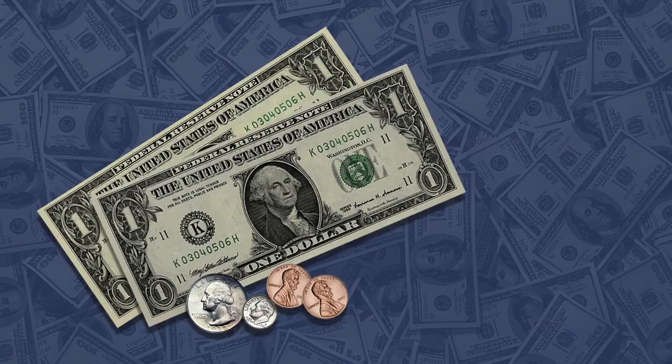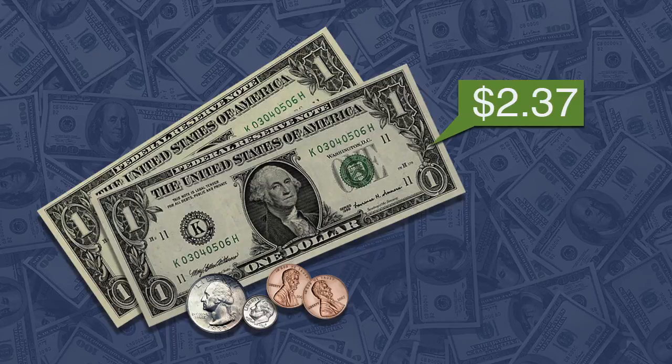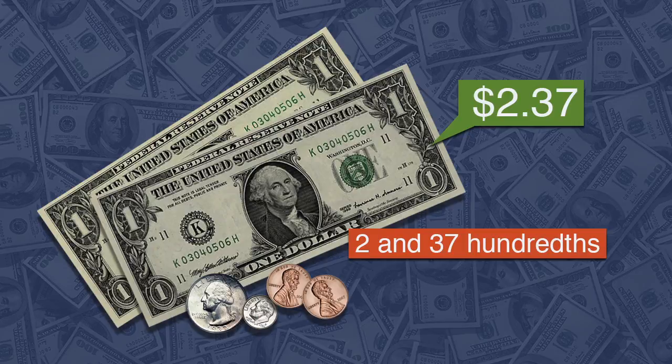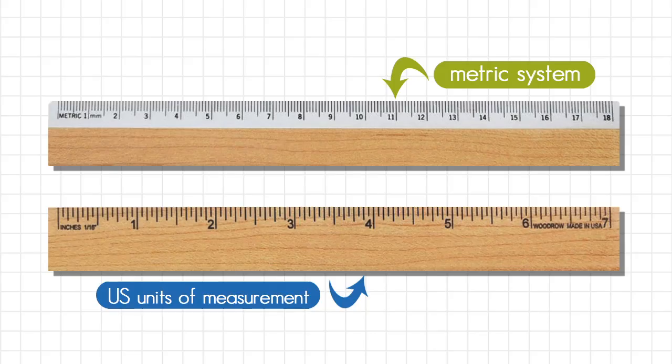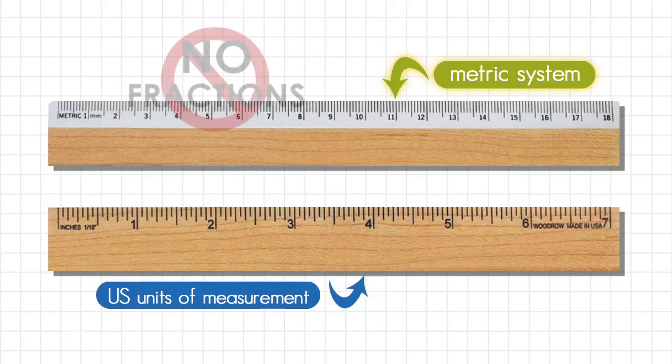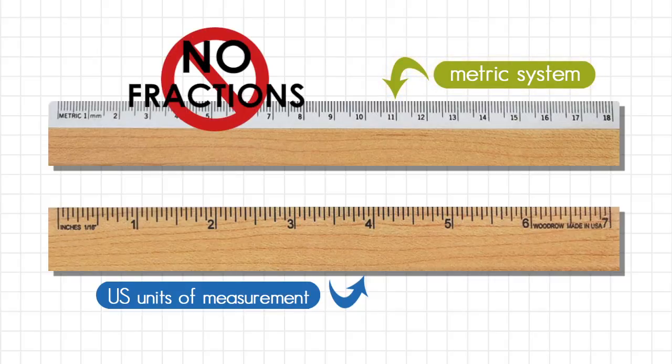You use decimals every time you count money, such as $2.37. Imagine if you had to write 2 37/100ths instead and add fractions of dollars. Also, unlike U.S. customary units of measurement, the metric system does not use fractions at all. It just uses decimals.